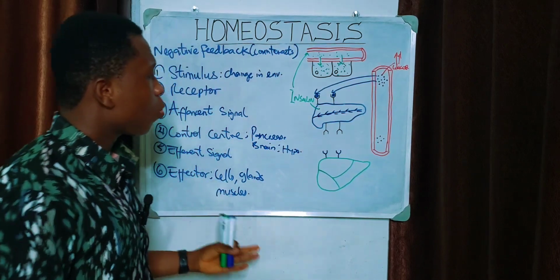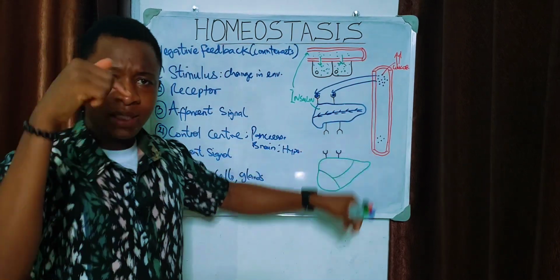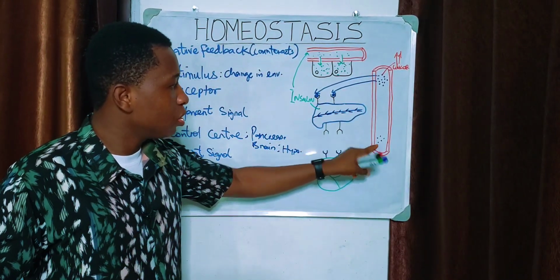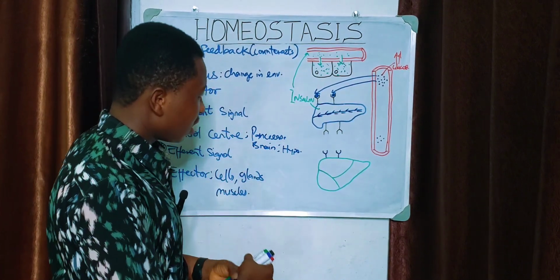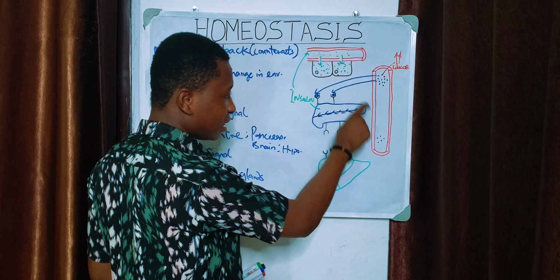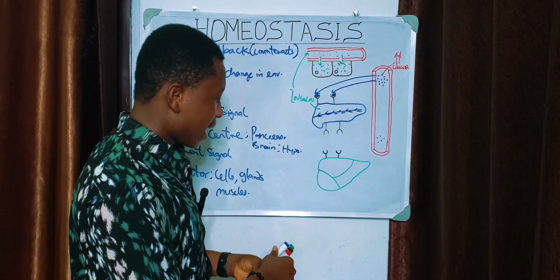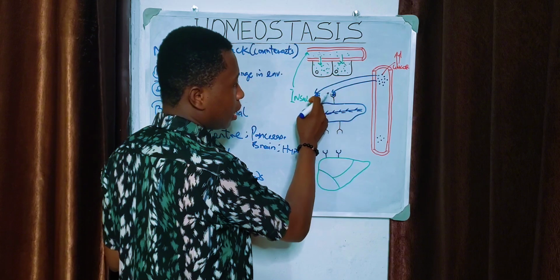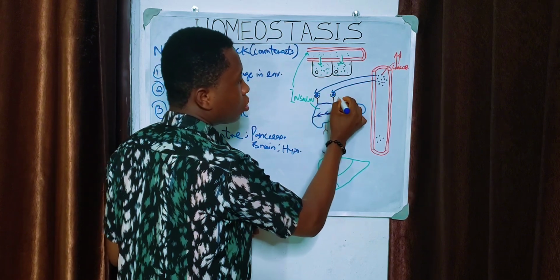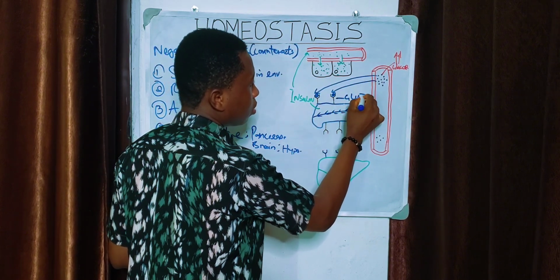All right. So what if we now have a decrease or a decline in blood glucose? Same thing happens. The pancreas senses a decrease in blood glucose, and mind you, these receptors are called GLUT receptors.